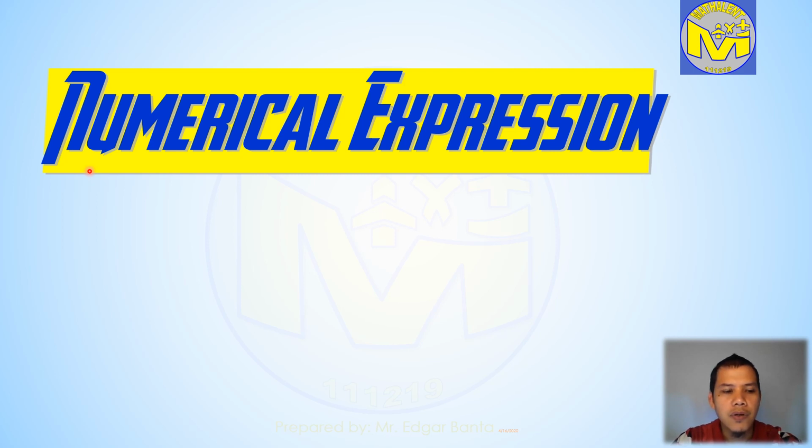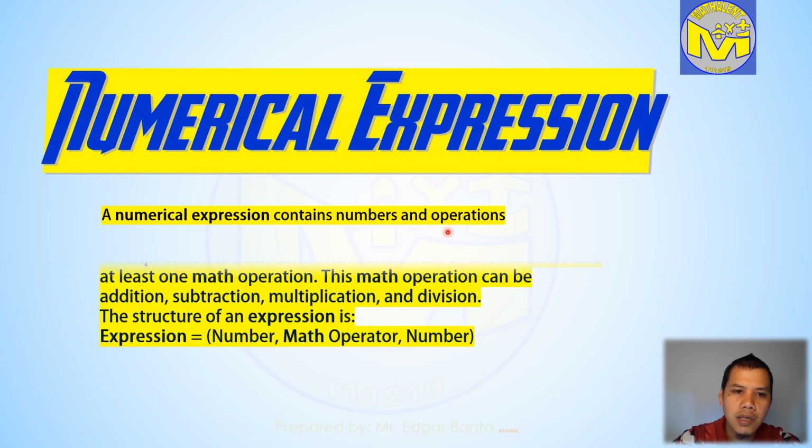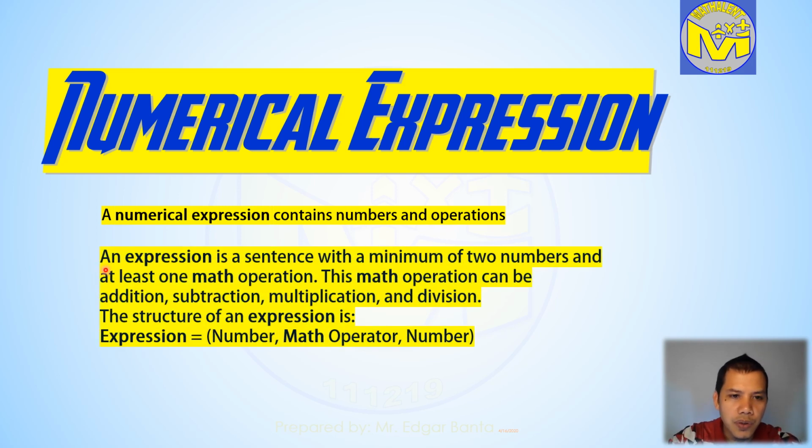Because if you can understand numerical expressions, it is easier for you to understand algebraic expressions. Now, a numerical expression contains a number and operations. That is the general meaning, but there's more explanation.